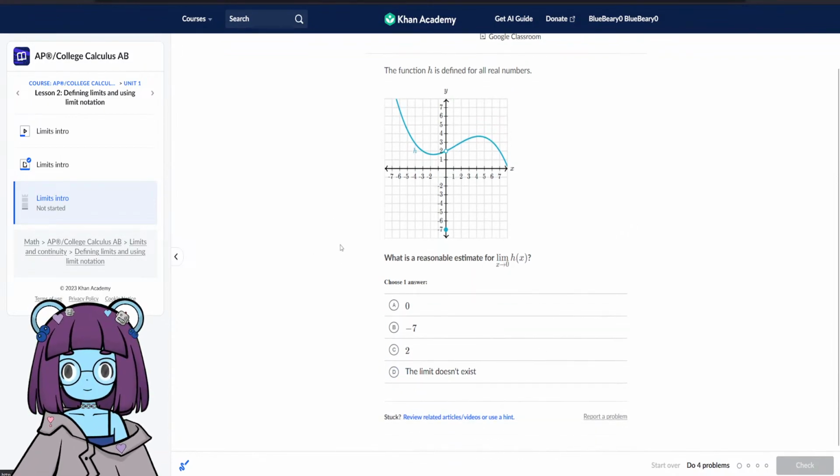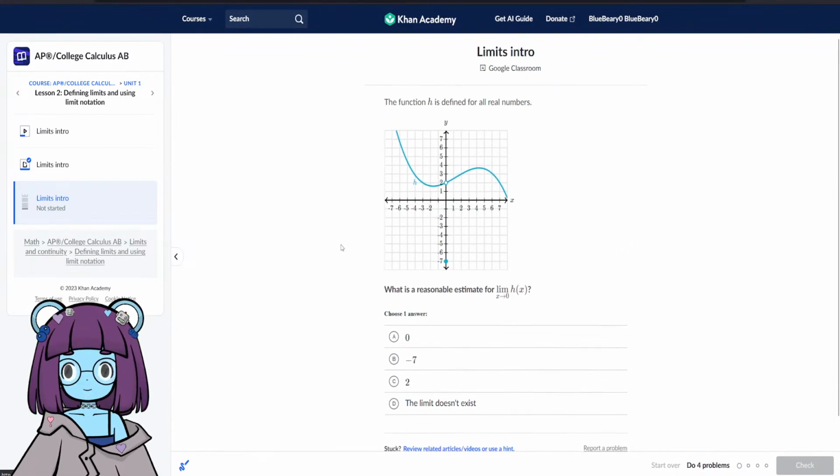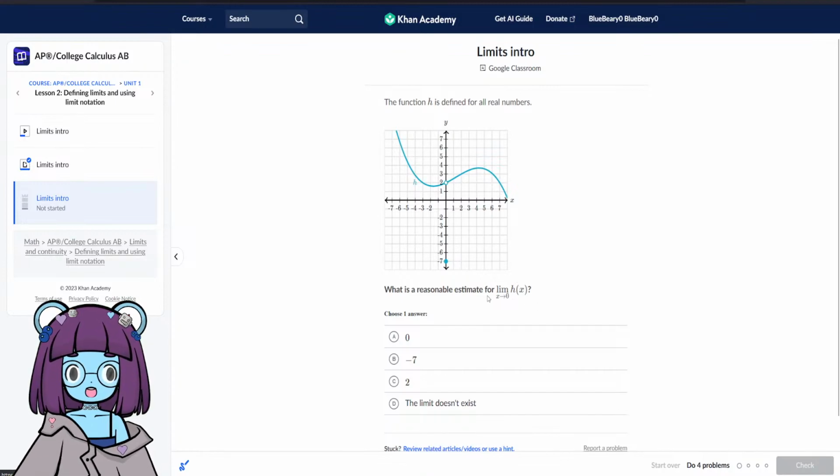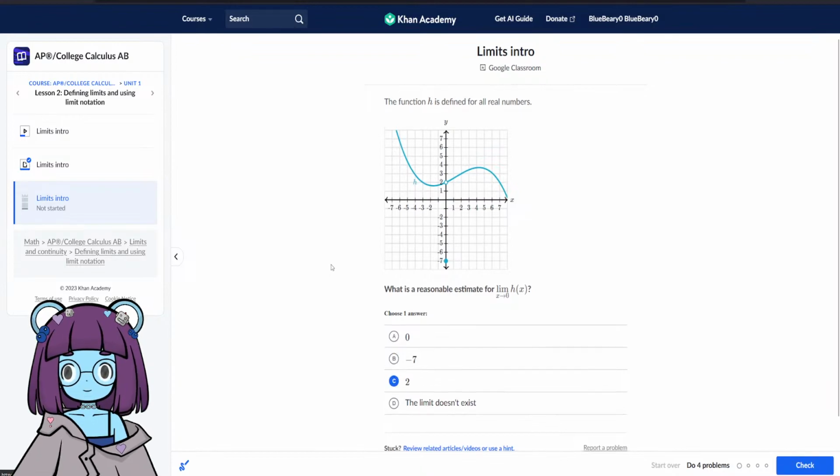So, from the graph, I'm going to assume that it equals 2, because when x is 0, it's like right here. But the graph itself approaches 2 from both sides, even though the value at x equals 0 is technically different. So I'm going to click that one.